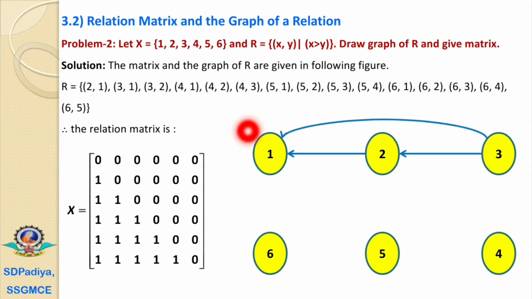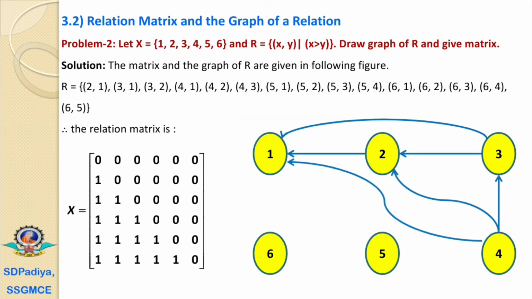The next are (4, 1), (4, 2), (4, 3). That's why we can show that 4 has a relation with 1, 2 and 3. The next, 5 has a relation with 4 elements, that is 1, 2, 3, 4.